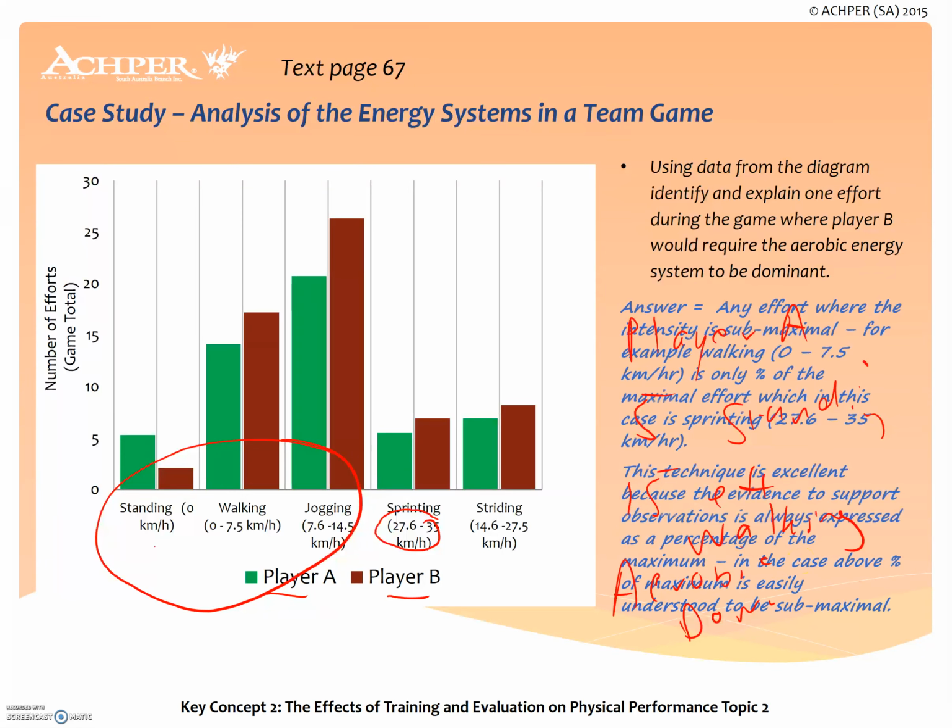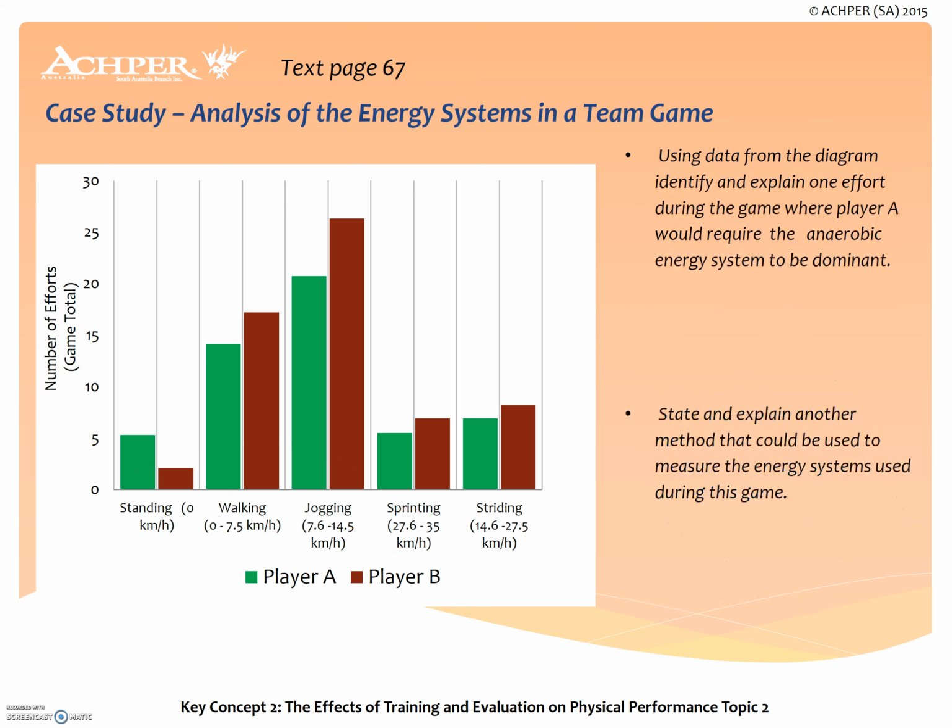See here, answer: any effort where the intensity is submaximal. For example, walking, with 7 percent of the maximal effort, in this case sprinting. The technique is excellent because the evidence to support the observation is expressed as a percentage of the maximum, in case the above percentage of maximum is easily understood to be submaximal.